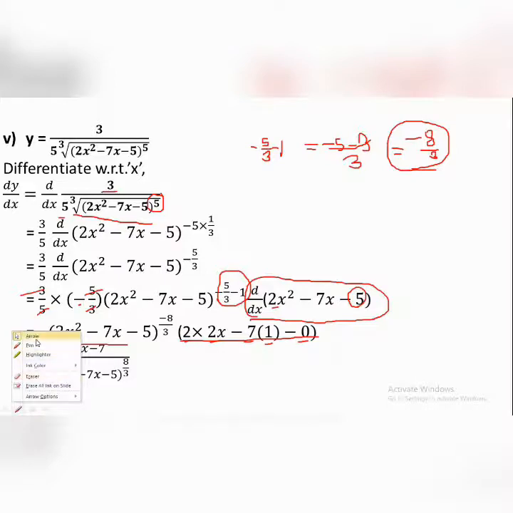Yes, the power is negative, so it is going into the denominator. So 2x square minus 7x minus 5 raised to 8 upon 3 becomes your denominator. And this minus sign is as it is. Okay. So this is your differentiated function with respect to x.